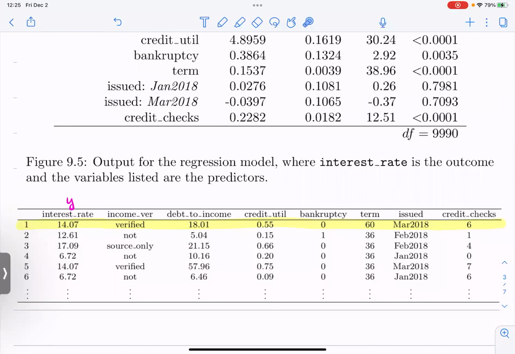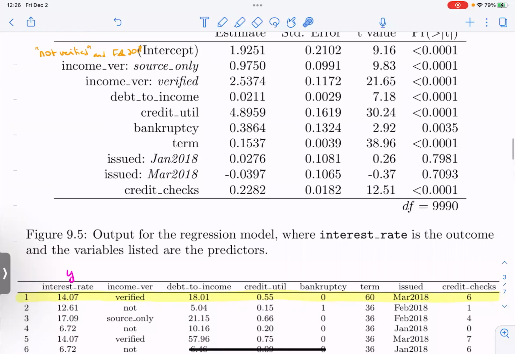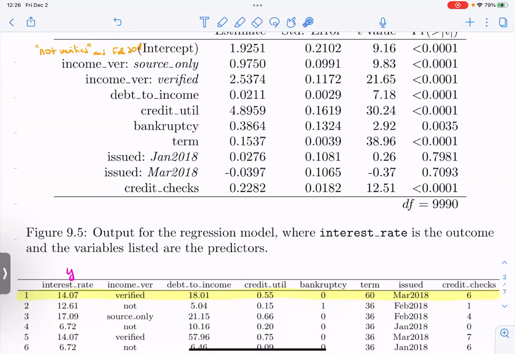So what we can do is plug in each of these observations, and of course in R, you would use your predict function, and it would just find all the predicted values. Or you can just get straight to the residuals if you want to. But for here, the intercept is always there, so we never exclude the intercept.